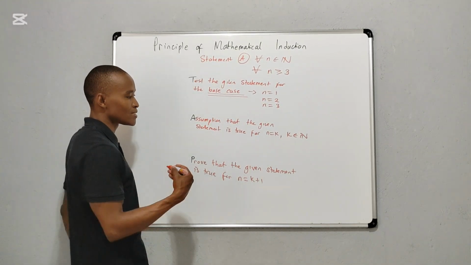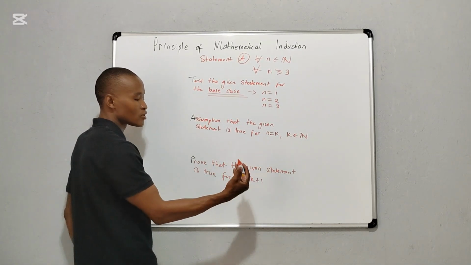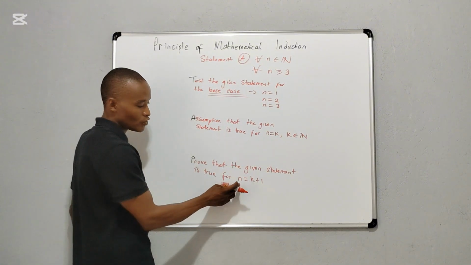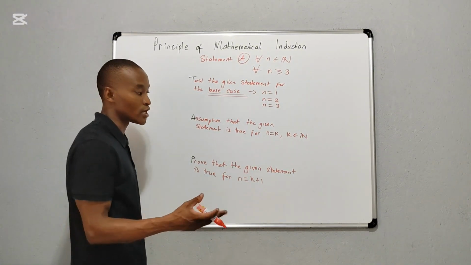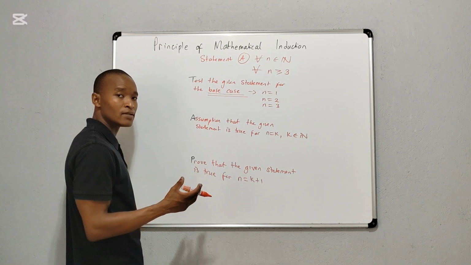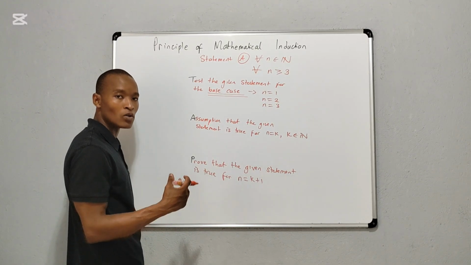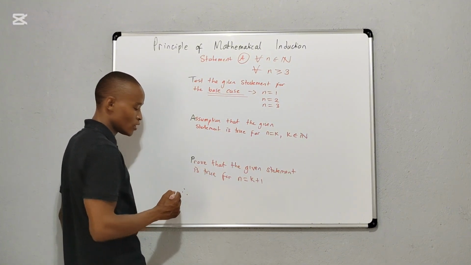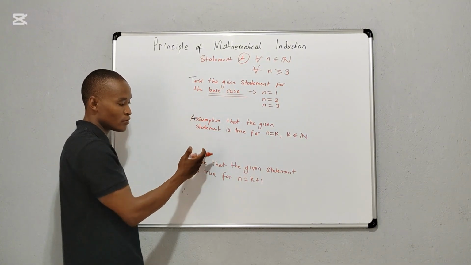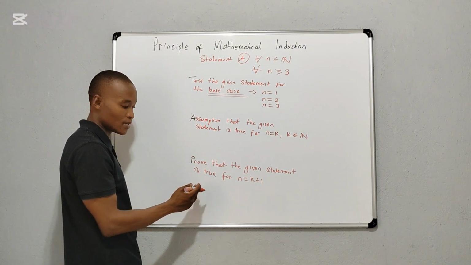Since k is arbitrary, a random natural number, and you're proving that it is true for the next natural number after that, then it must be true for all the natural numbers.